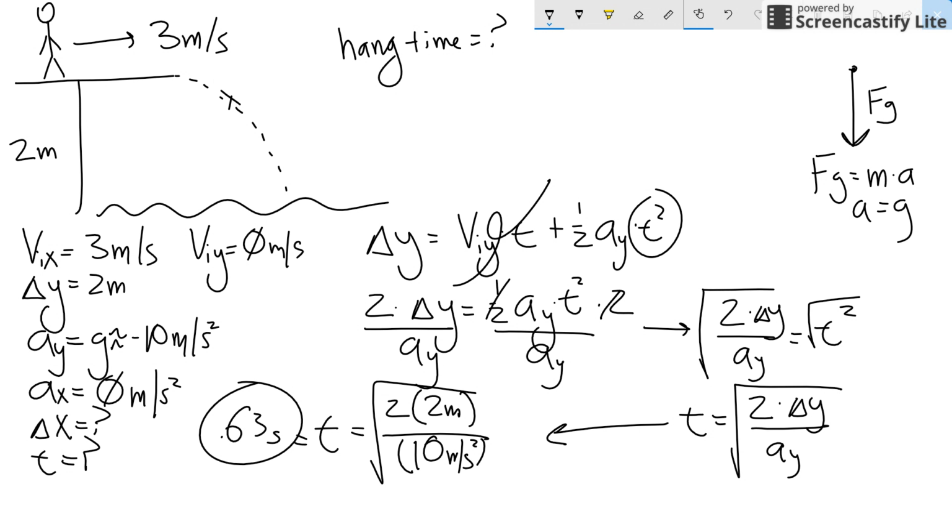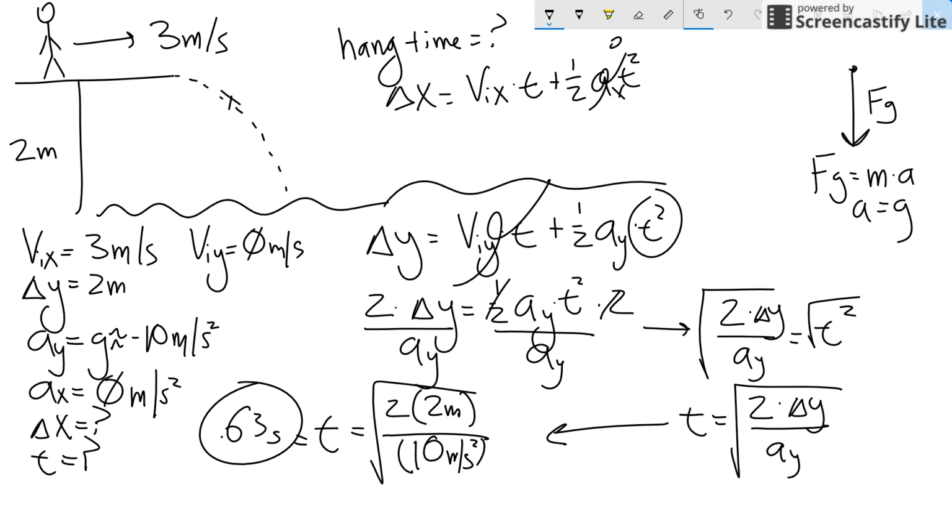I could figure out delta x because I have time now. So delta x, we can use that same formula, equals velocity initial in the x direction times time plus 1/2 acceleration times time squared. That's going to be 0.